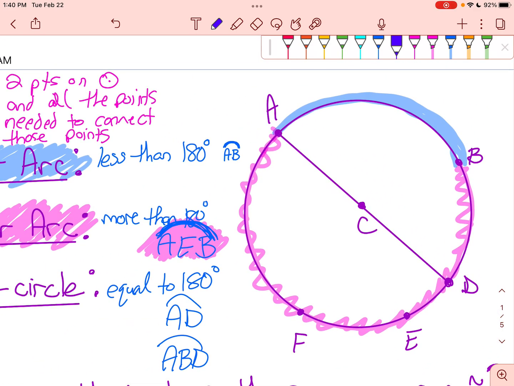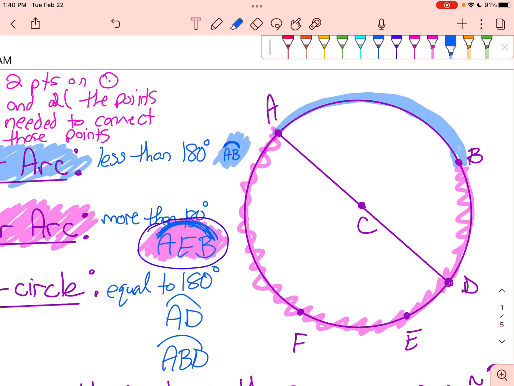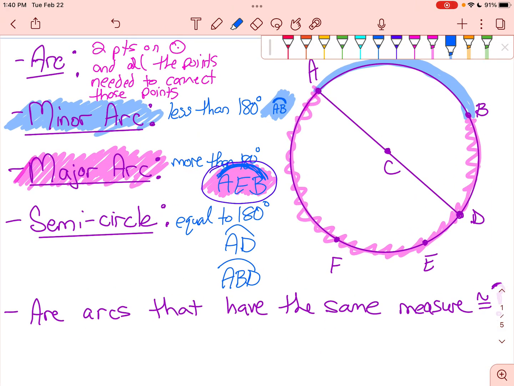Now again, this is very different than angle AEB. I can connect A to E to B as an angle, but I'm not referring to that. I'm talking about the crust from A to E to B. So again, minor arc, 2 letters, major arc, 3 letters.